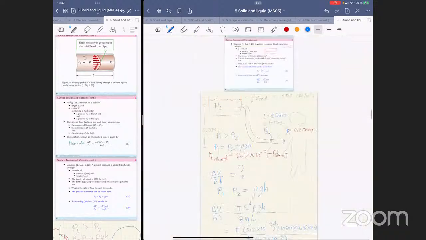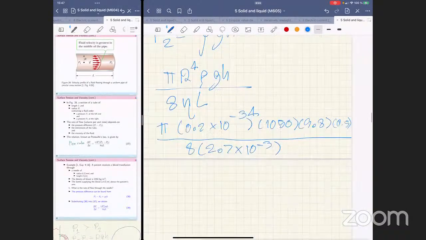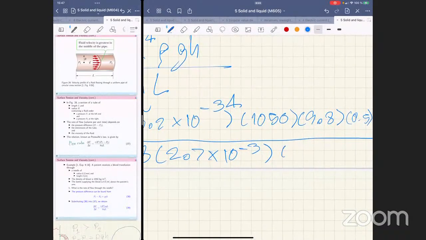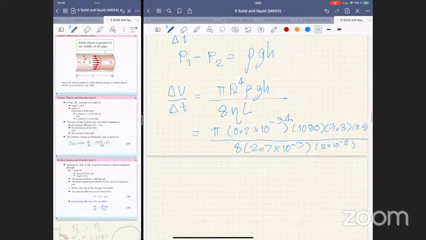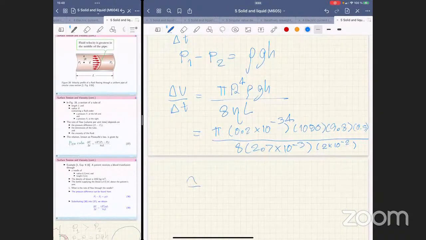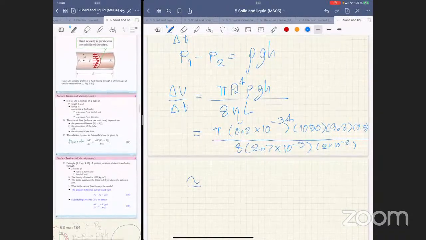But we have to express it in SI units, which is 2 times 10 to the negative 2 meters. So you put it into the calculator, and you're going to get the flow rate.